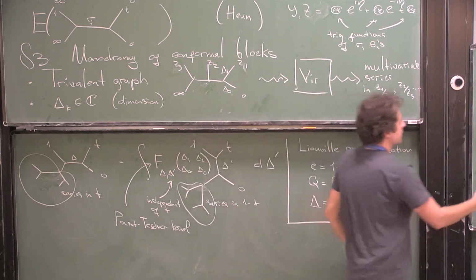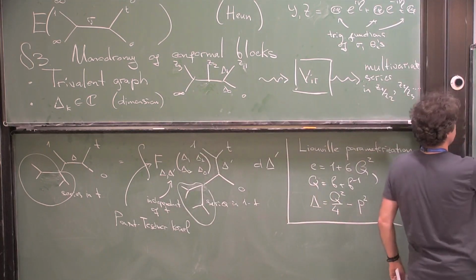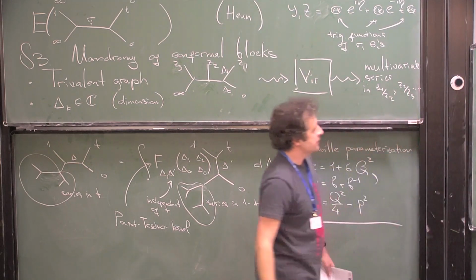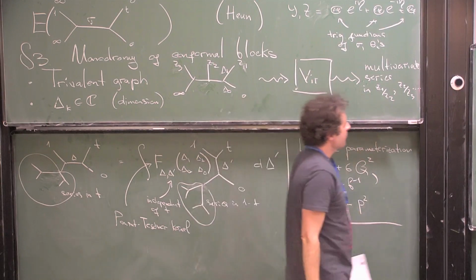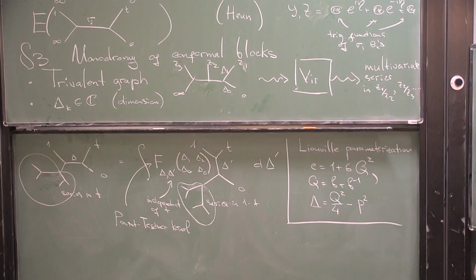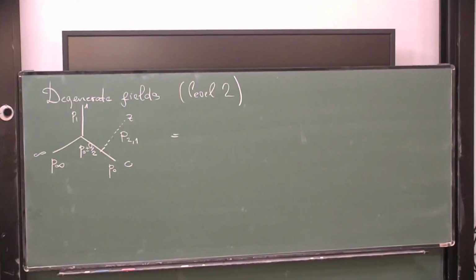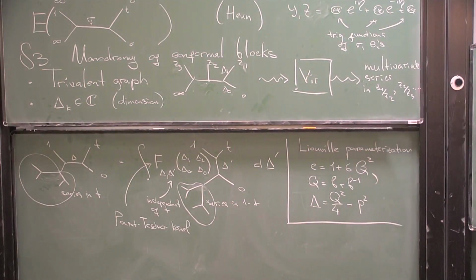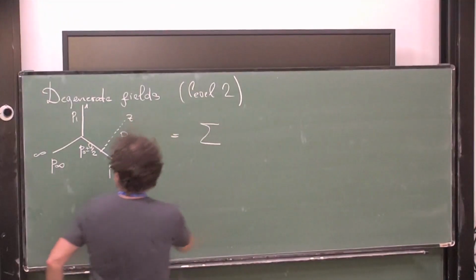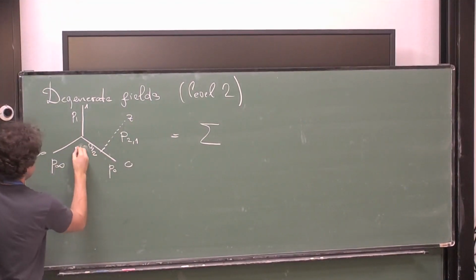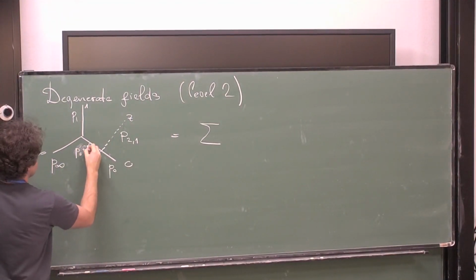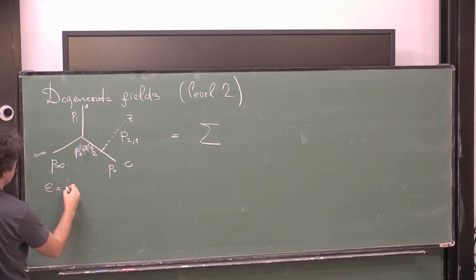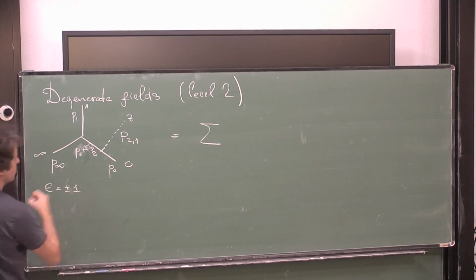So if we consider this as a function of the position of the degenerate field, we can rewrite the previous fusion relation as a sum with P0 plus epsilon b over 2, where epsilon is equal to plus or minus 1.